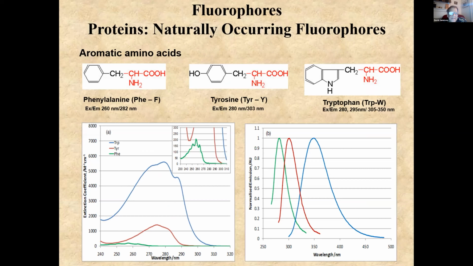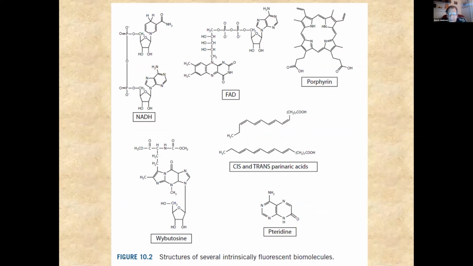And here on the left, we see the absorption of tryptophan, tyrosine, phenylalanine. Tryptophan has a much stronger absorption. That's why most people work with that. And here we see on the right the normalized emission spectrum of tryptophan, tyrosine and phenylalanine. So we can also separate to some extent based on the emission properties.